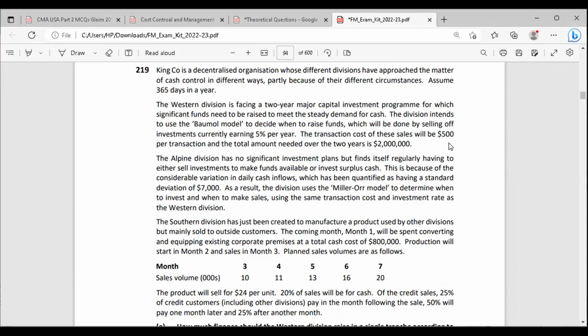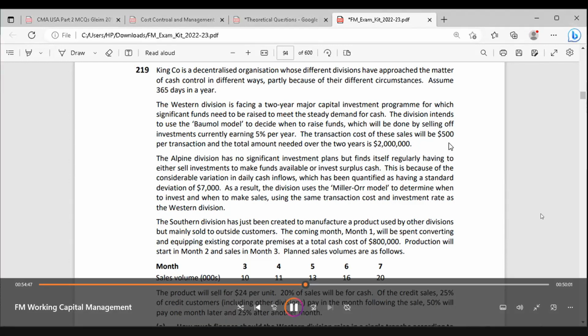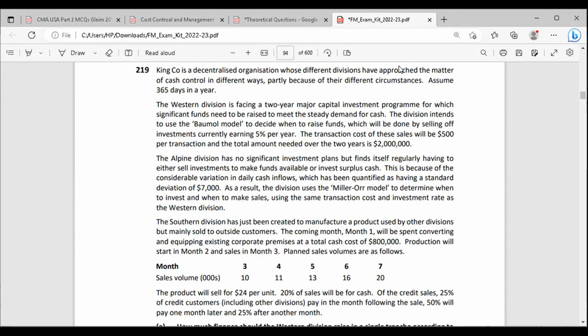The Western Division is facing a 2-year major capital investment program for which significant funds need to be raised to meet the steady demand for cash. The division intends to use the Baumol model to decide when to raise funds, which will be done by selling off investments currently earning 5% per year. So how much cash is required?